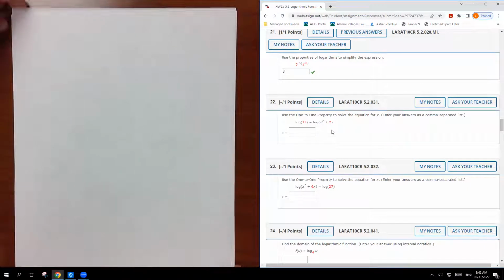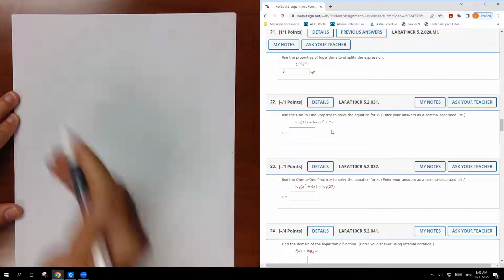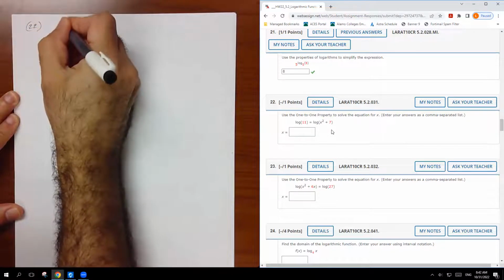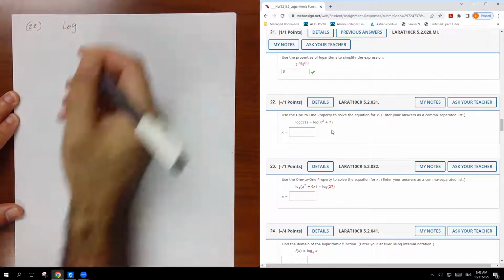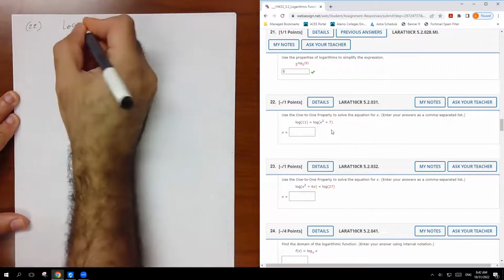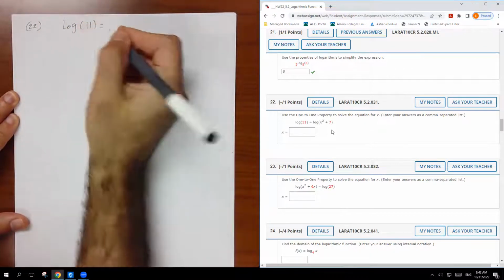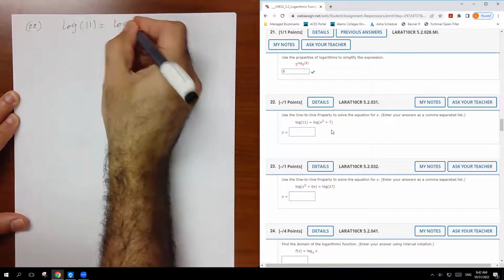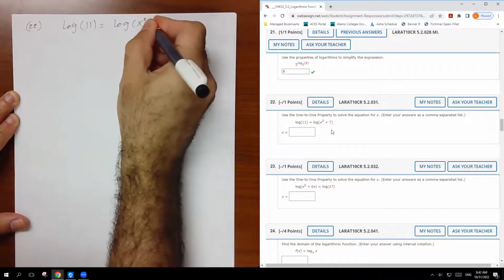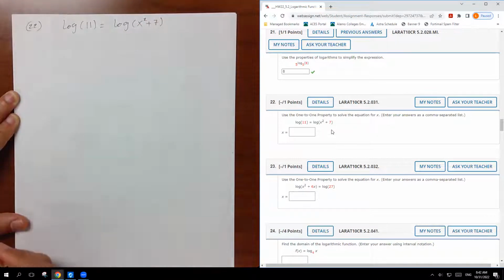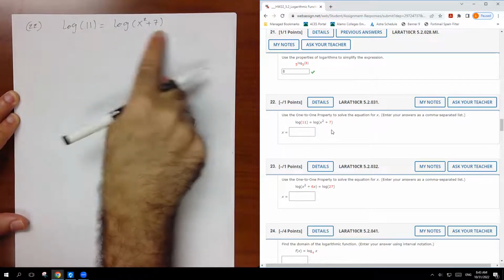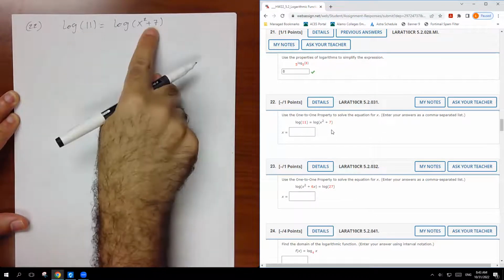So for example 22, we have log of 11, there is no base, equal log of x squared plus 7. So log of x equal log of y, that means x equal y.